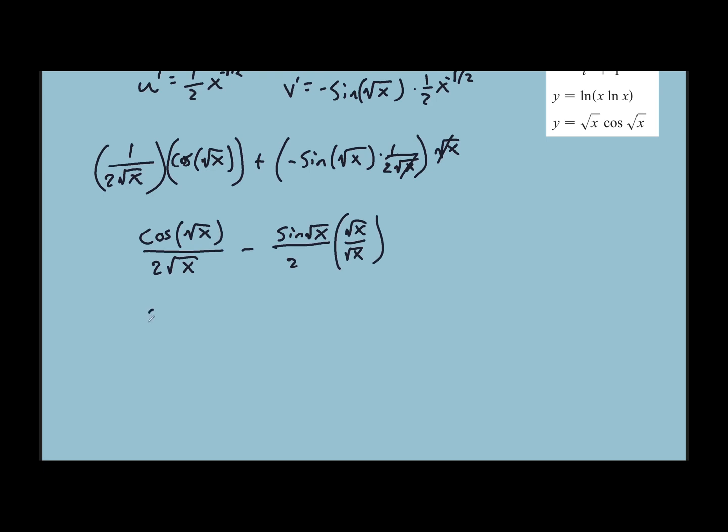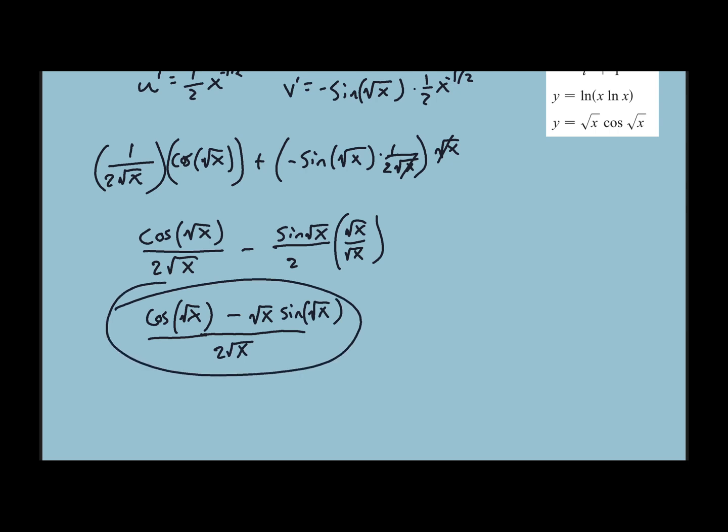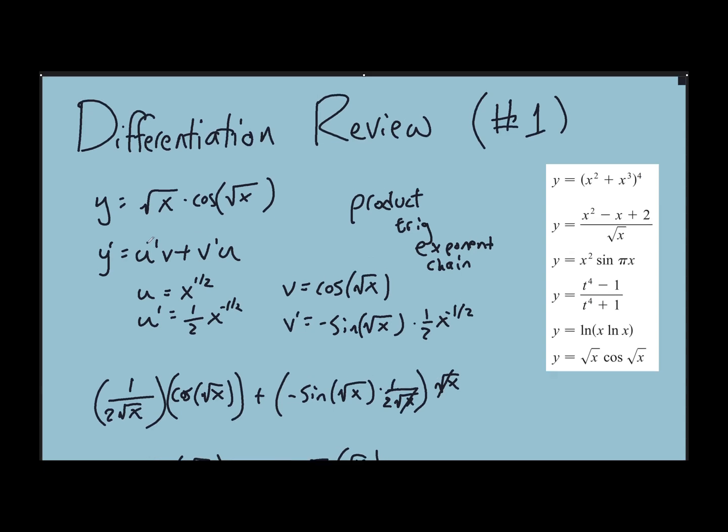And in fact, I want to make this cuter, so I'm going to do rad x over rad x like this. And what I get is cosine of the square root of x, minus rad x sine rad x, over 2 rad x. That is our beautiful answer. And that'll conclude problem set number 1. Let's get into some tougher ones.